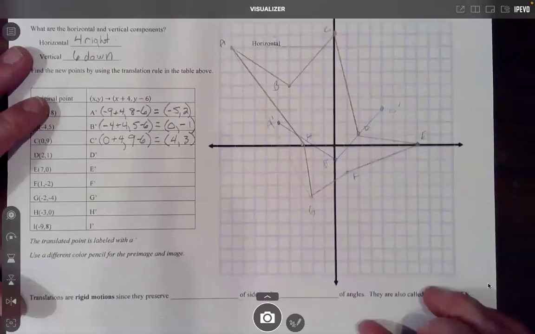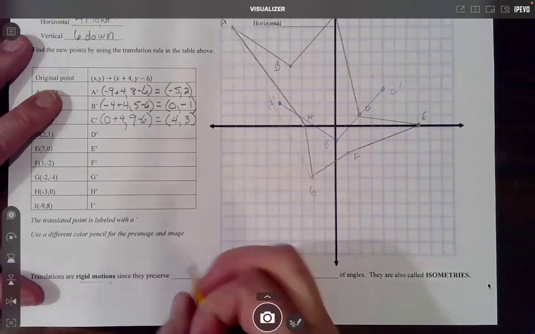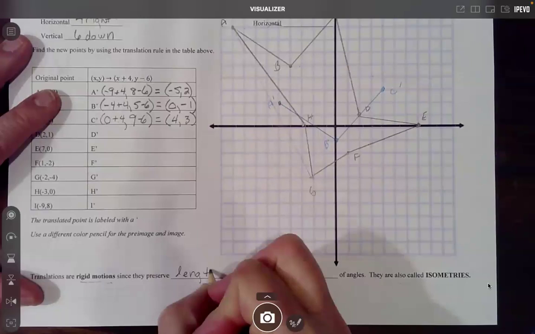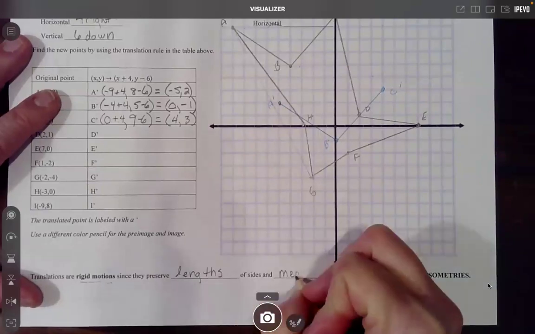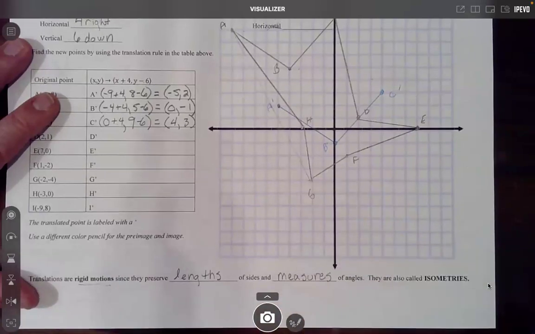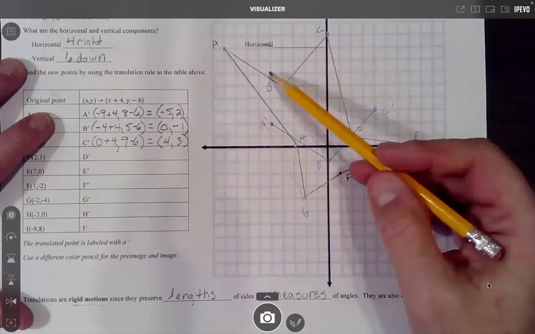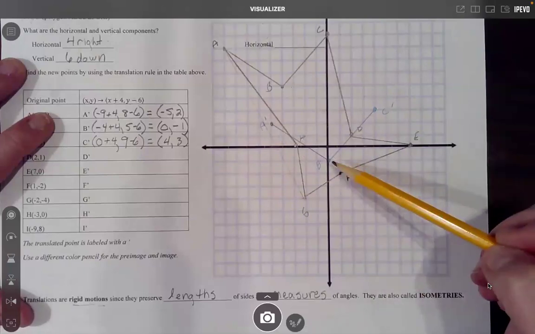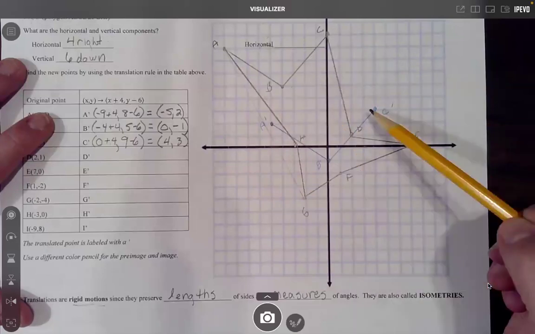These sort of motions are called rigid motions, since they preserve the lengths of every side and the measures of the angles. So when you're done, you'll see that the side lengths are still the same, just like AB is the same as A prime, B prime. And the angle measures are still the same, just like ABC is the same as A prime, B prime, C prime.